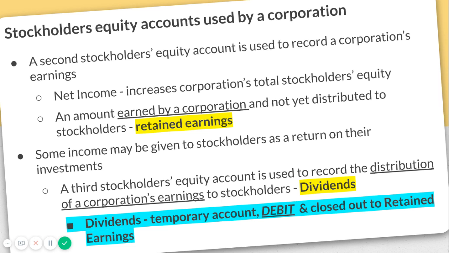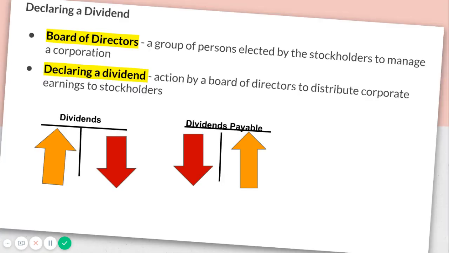Dividends is a temporary account. We would debit this and close it out to the retained earnings. So temporary accounts from Chapter 8, we'd close them out. Declaring a dividend.